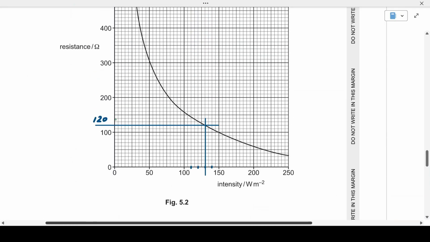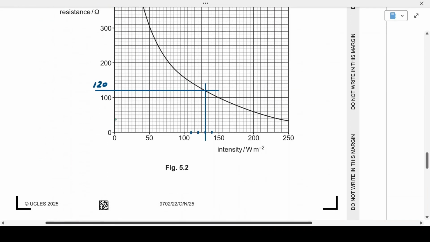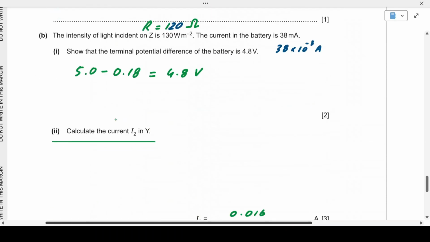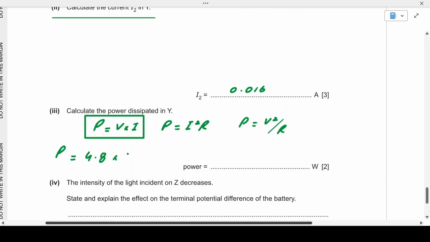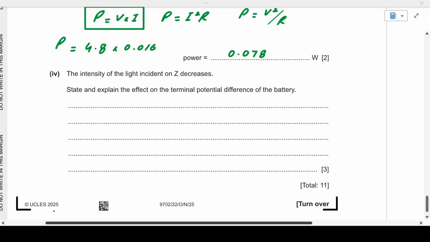Multiply. What is the current through Y? We just found out the current through Y was I2, which is 0.016. So 0.016 multiplied by 4.8, I get 0.078.